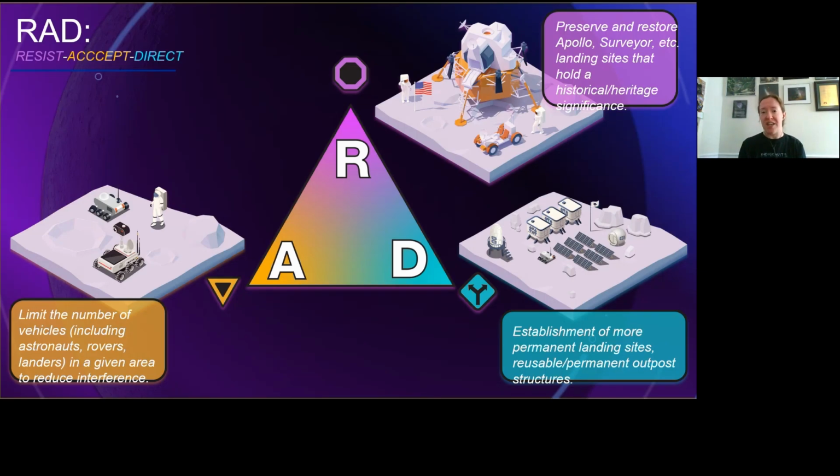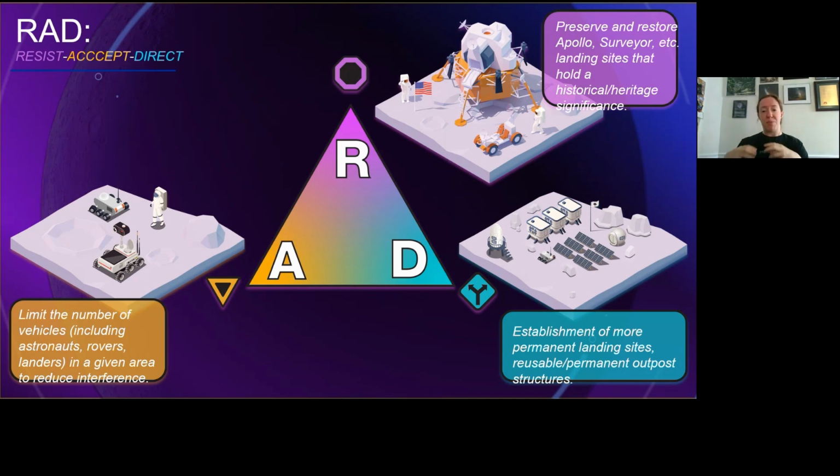So for lunar exploration, resist would be restoring and preservation, so anything that holds a historical or heritage significance, which is a whole level of decision making all in its own. Accept would be maybe limiting the number of vehicles within a given area to reduce interference.